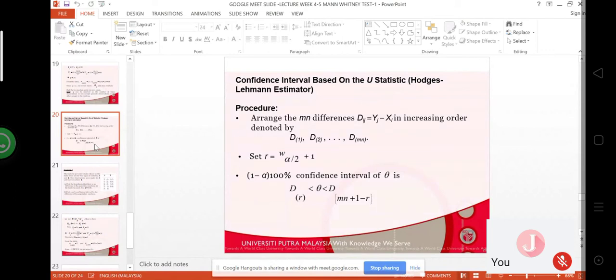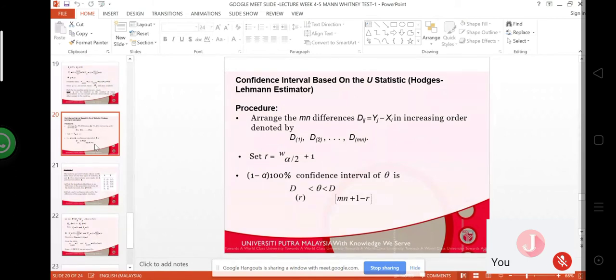Just like the Wilcoxon signed rank test, once you test your hypothesis, we are also interested to find the confidence interval for the U statistic or Hodges-Lehmann estimator.